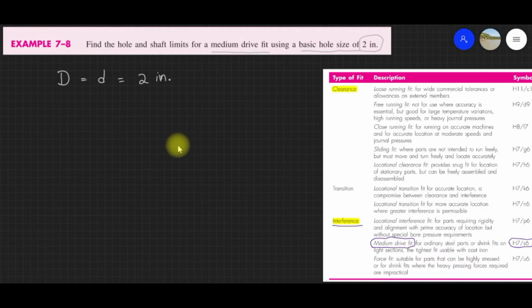And we write down the symbol for this problem: 2 inches, since it is in inches, H7 slash S6.